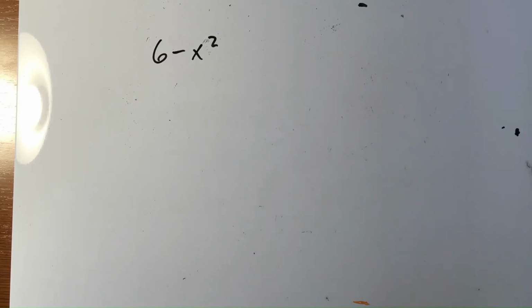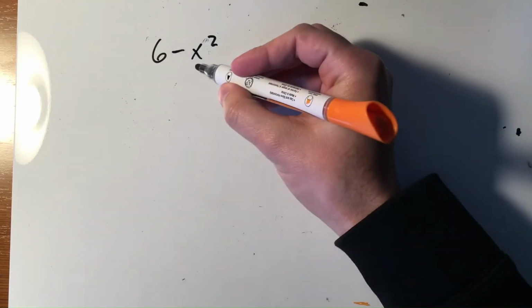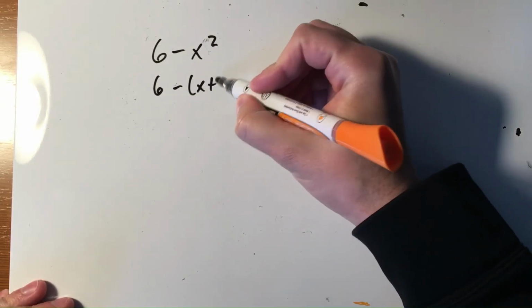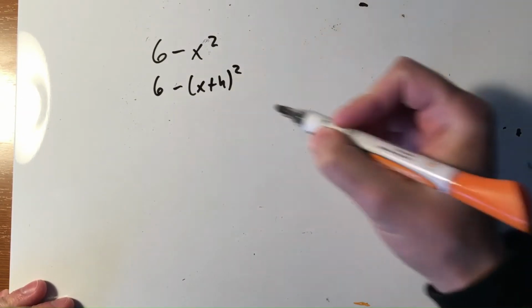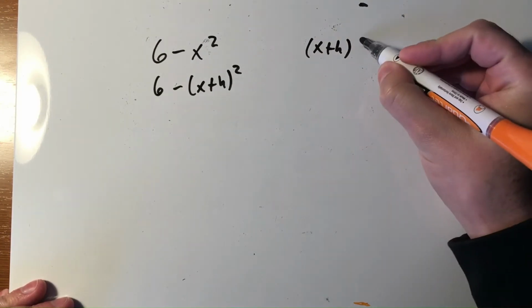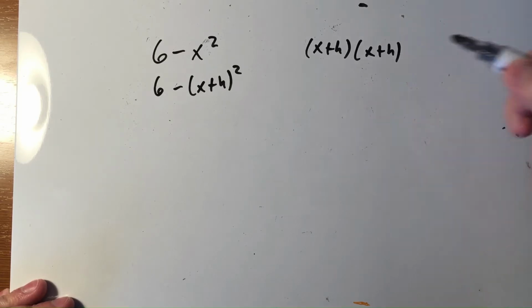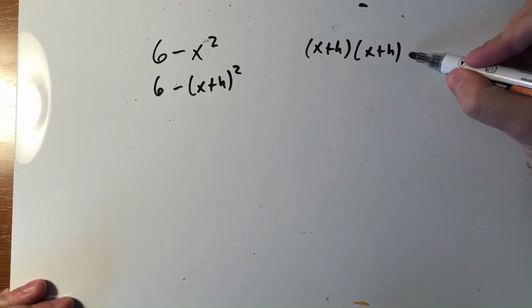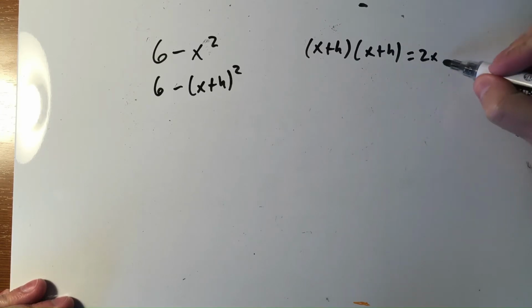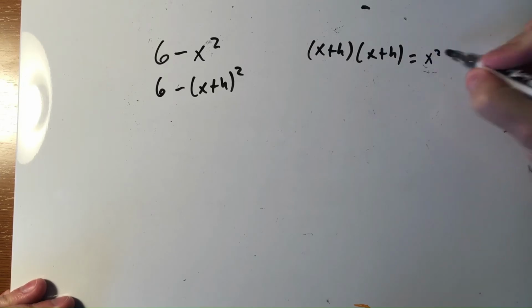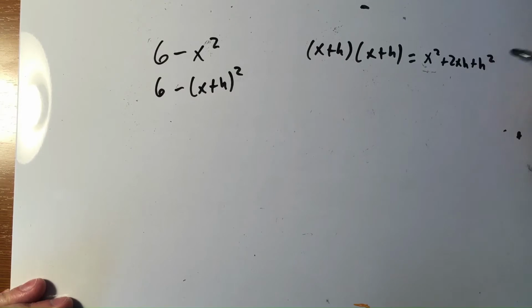6 minus x squared. Let's start by replacing the x with an x plus h. And let's work this out. X plus h times x plus h. Now you might already know by looking at this that the answer is going to be x squared plus 2xh plus h squared.